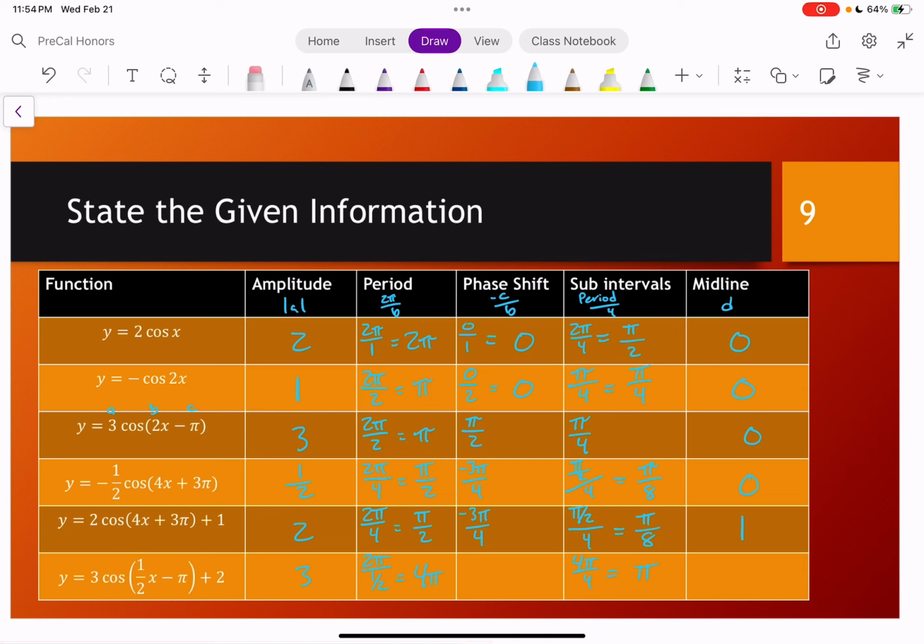Our phase shift would be negative c. Notice we already have a negative in that negative pi, which means we will end up with pi over b, which is 1/2. This will give us a final answer of 2 pi. We check out the midline, and the midline in this case would be a positive 2.